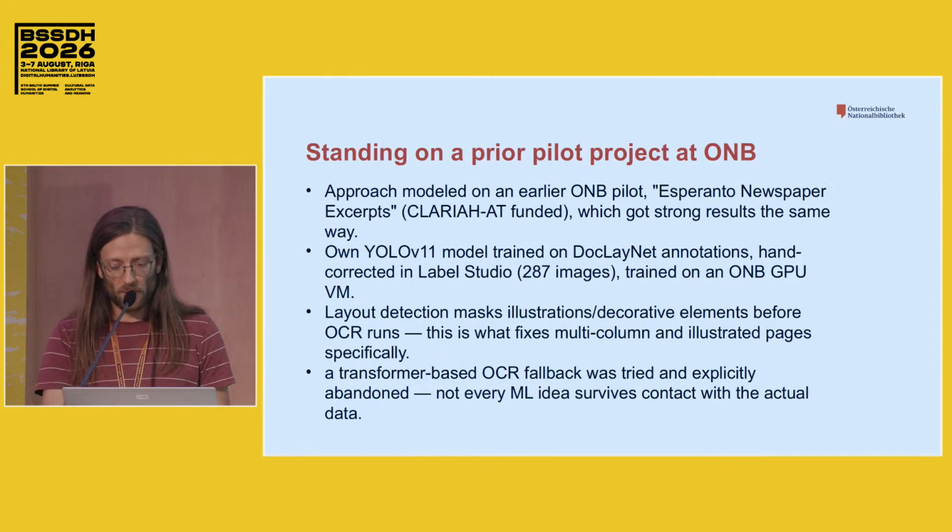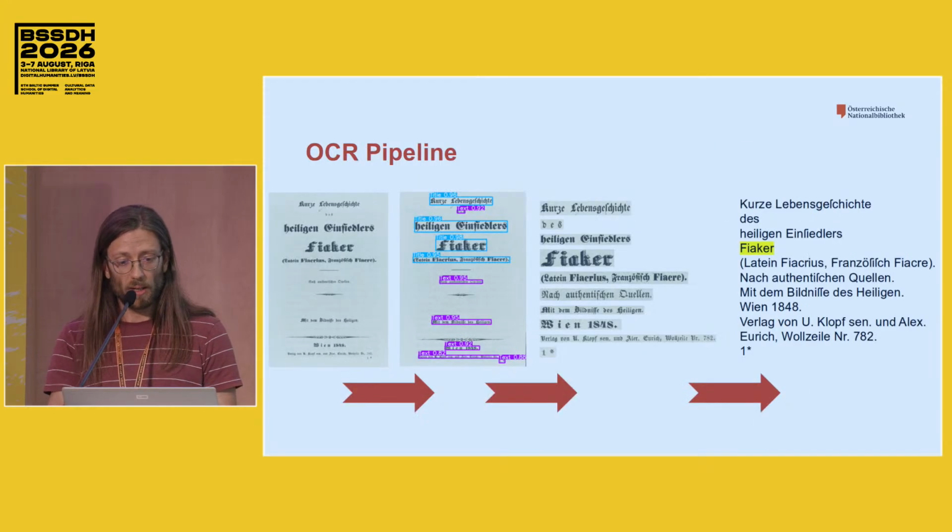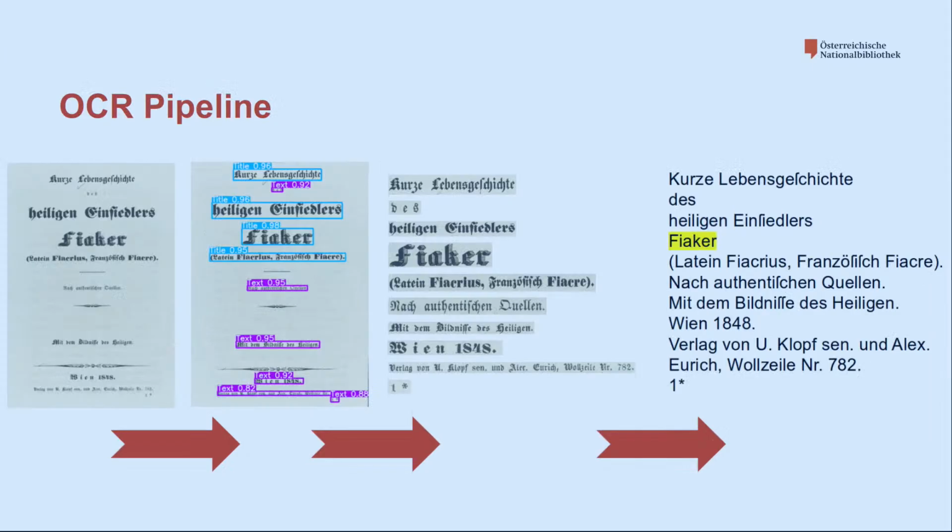Okay, so this I will skip. Our project was based on a previous project, and I will rather show this picture because it's easier to understand what's going on. So the layout analysis is the first step. You can see there's a title page with an easy layout, but otherwise, I cannot show how nicely the layout analysis works.